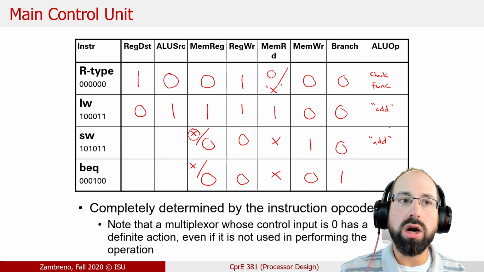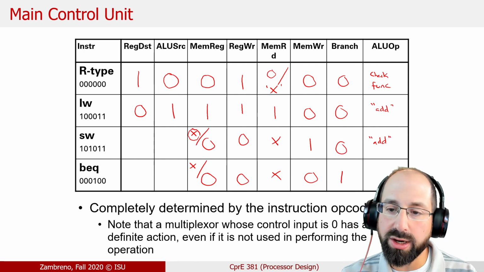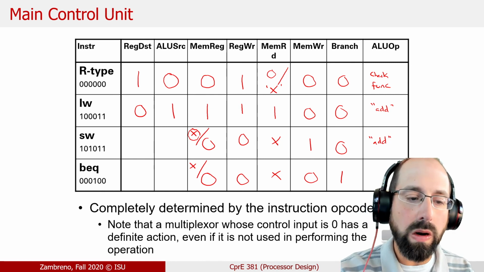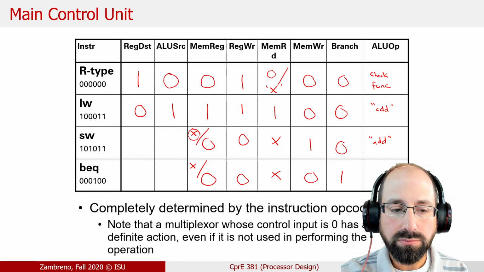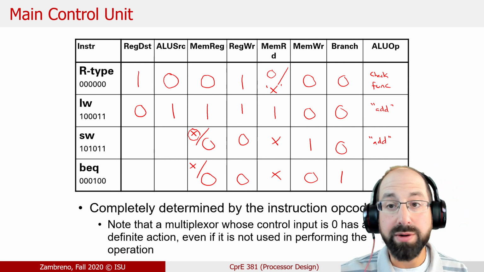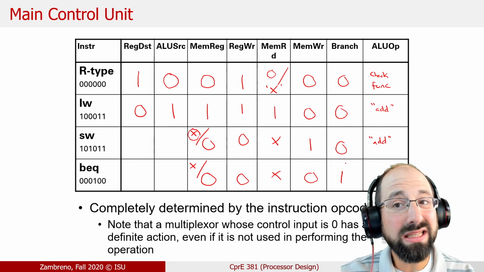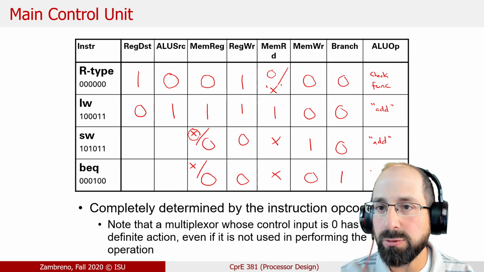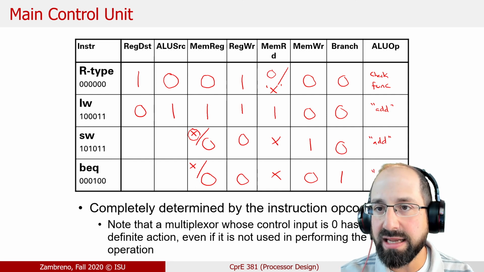Our load word requires our ALU to do an add operation, adding that base register to our sign extended immediate. But for branch equal, and we've talked about this only a little bit, and you have a couple weeks to really get on top of this for your implementation, the best way we have to implement our branch equal and our not equals is by instead treating that as a subtraction operation.